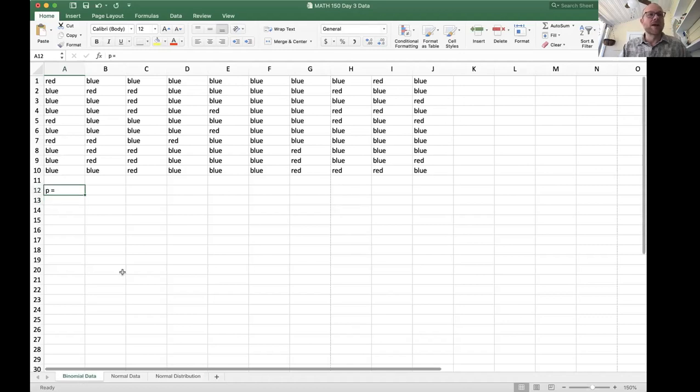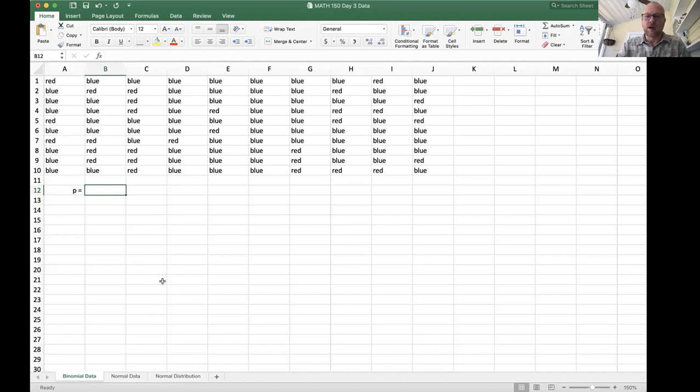All right, so the first one, I am going to claim to you that the proportion of reds that I was generating with is 40%. So I'm typing in here the 0.4. I'm saying my p-value was 0.4. Matter of fact, I'm going to be typing lots of stuff here that are words and lots of stuff here that are numbers, and I would like them to sit next to each other.